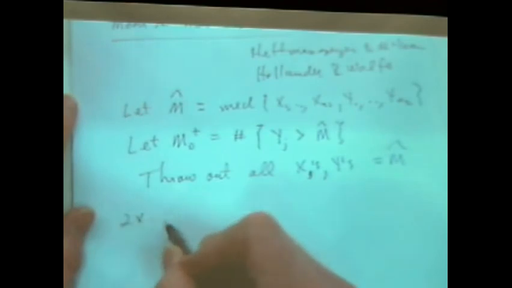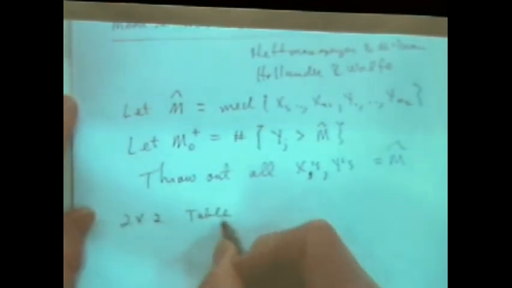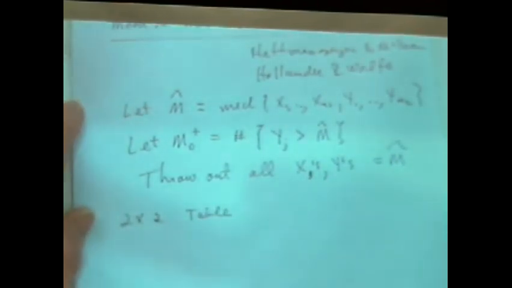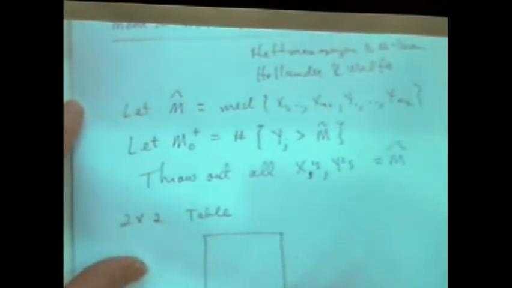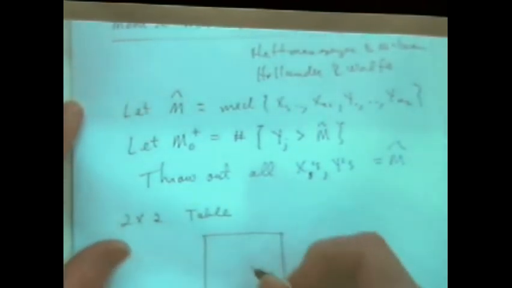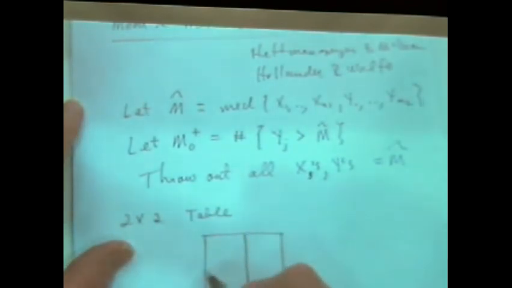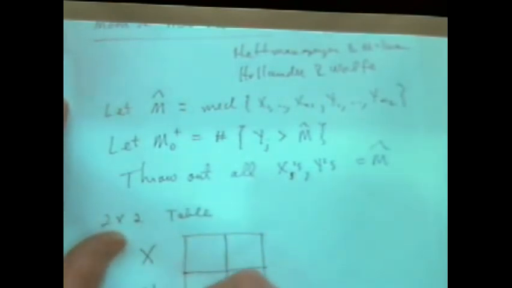So to do that, here's the table, it's a 2x2 table. Okay, and the x is here and the y is here, and then these are the number below them, and these are the number above them.